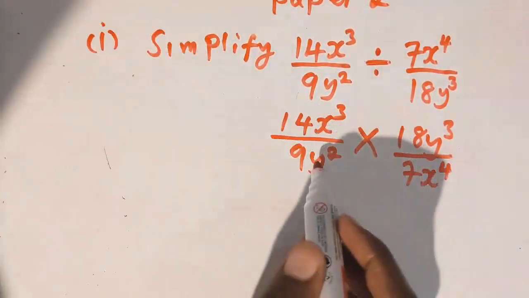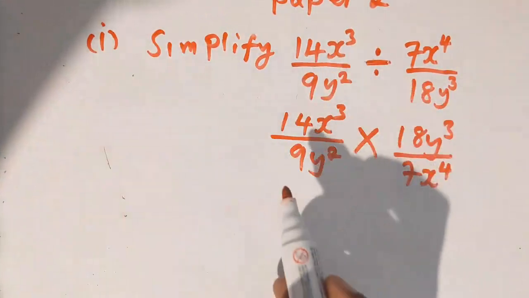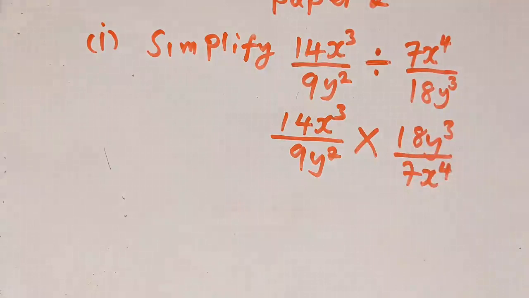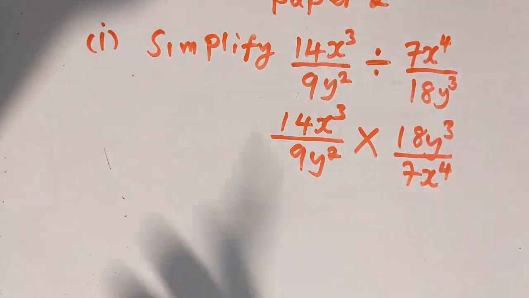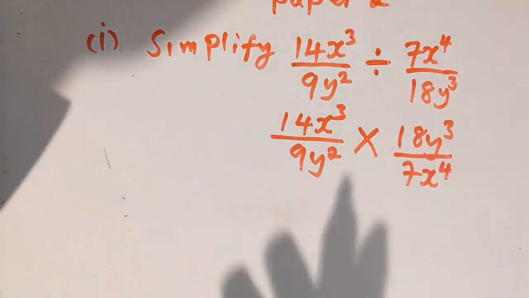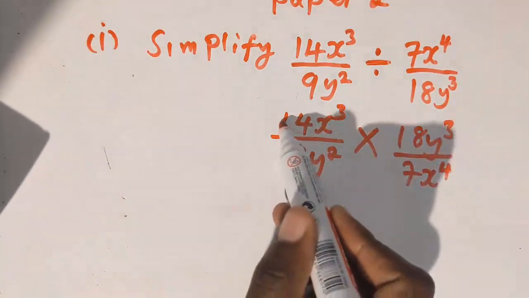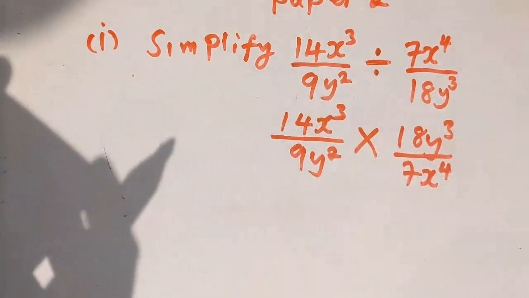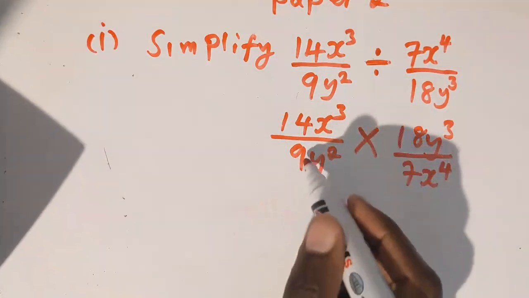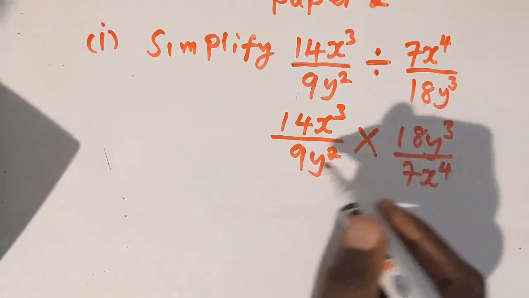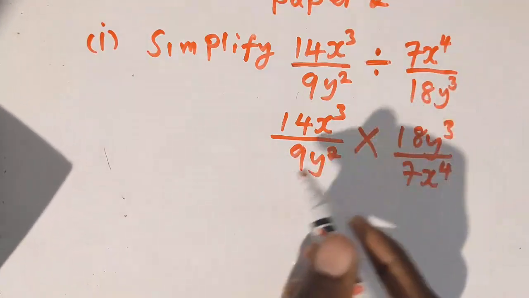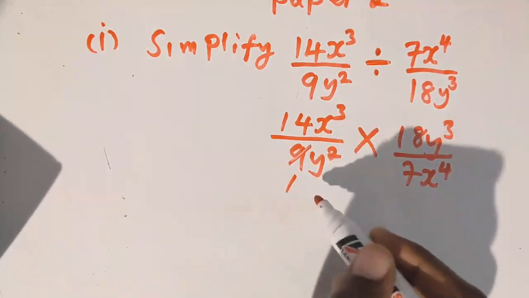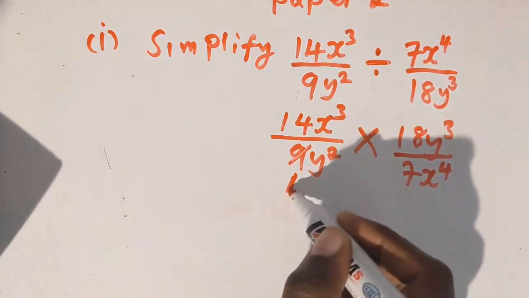Then from here you can actually start dividing. You are using a calculator in paper 2, so you can use a calculator, you can do it manually, but you are using a calculator. You can multiply these times that, it is one and the same thing. Or you can even just reduce these. 9 into 9 is 1.